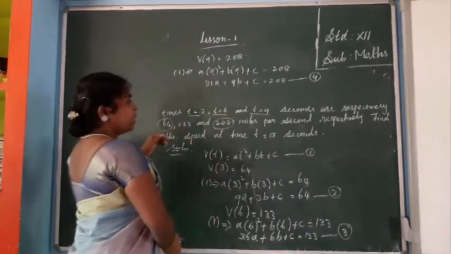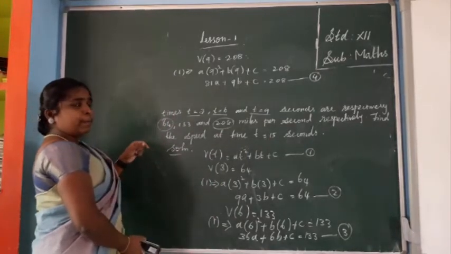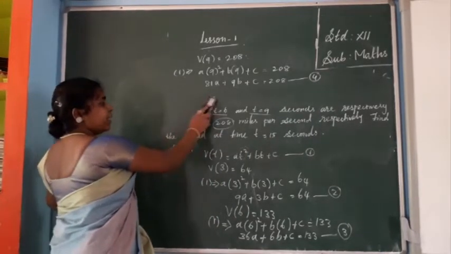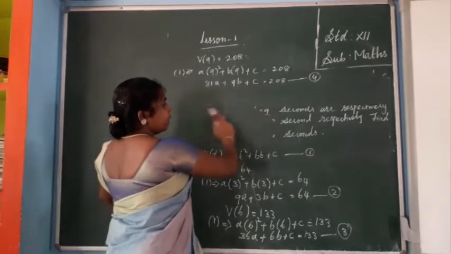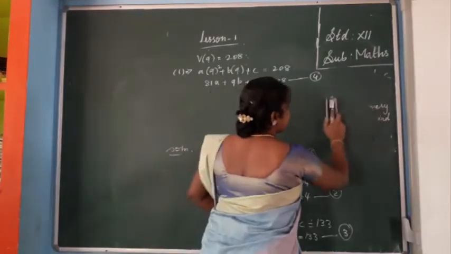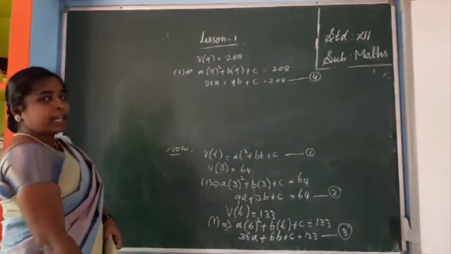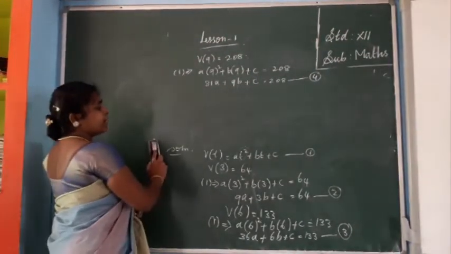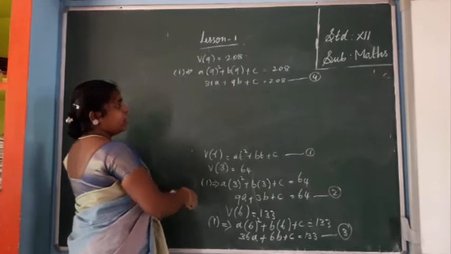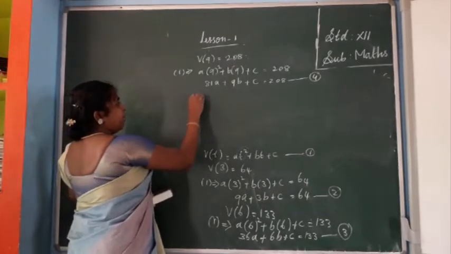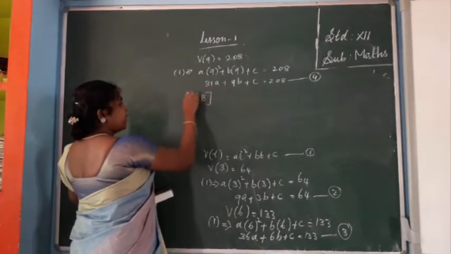In this question, in brackets they have mentioned you have to use the Gaussian elimination method. If the method is not mentioned, you can use any one of the methods: Peterman method, Gram-Schmidt method, or matrix inversion method. I am going to use the Gaussian elimination method.